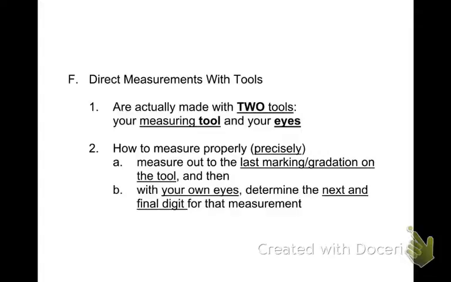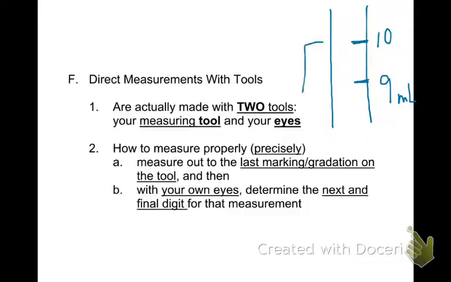So here's what I mean by this. Let's just say that we have a graduated cylinder here, and we're reading 9 milliliters and 10 milliliters. So the smallest gradation here, the smallest markings, would be to the 1 milliliter mark. And let's just say that we have a nice red liquid, and our meniscus comes down to right here.